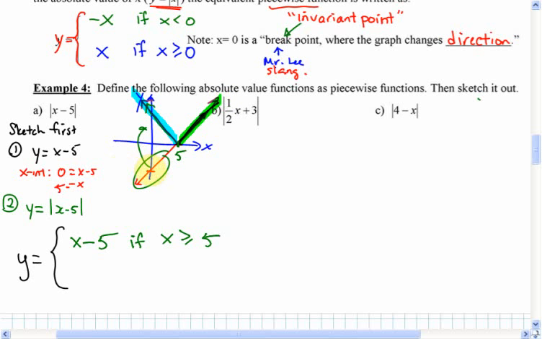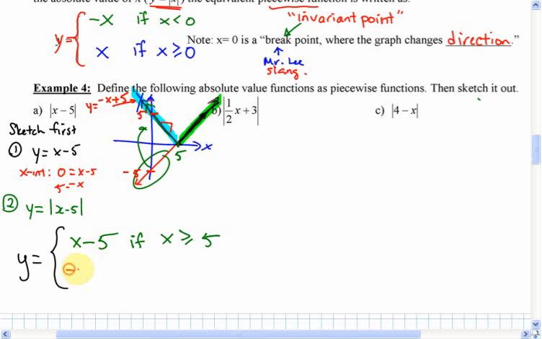What's this value here? Negative 5. So if I reflect it, what's this value up here going to be? Positive 5. This looks like it has a slope of 1. What's the slope of this part? 1. That's negative. So what's the equation of this line? Y equals negative x plus 5.